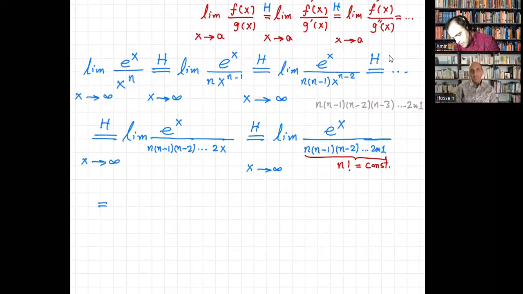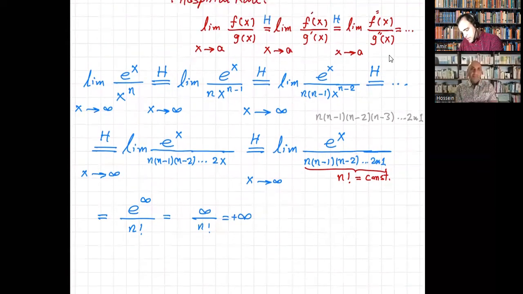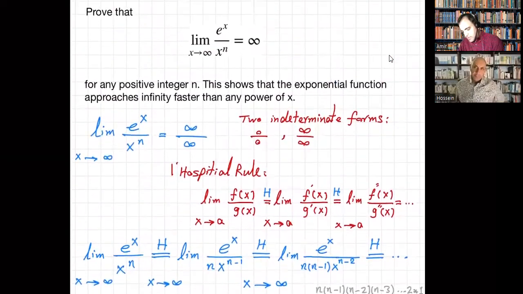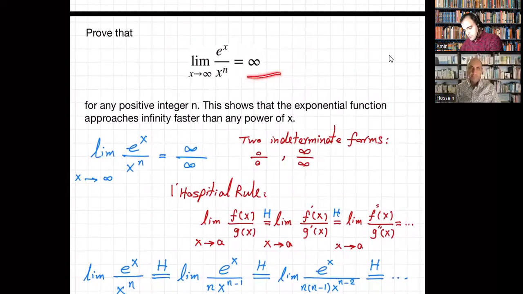It is going to be e to the power of infinity divided by n factorial. The numerator is infinity, and when I don't write the sign, it's positive. So I just showed that the answer is actually infinity.